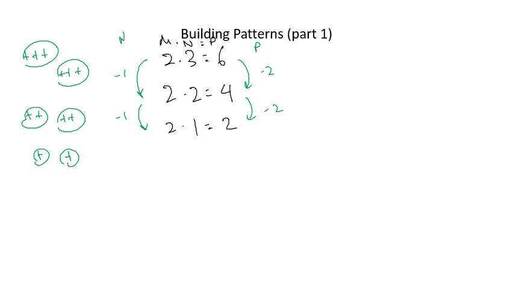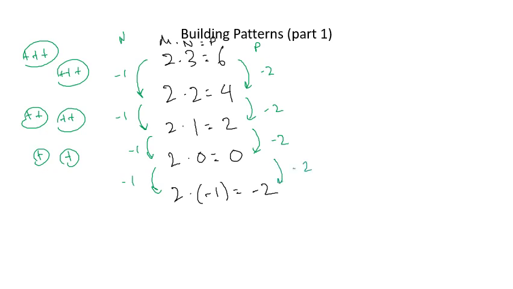So by the time I get to 2 times 0, this makes 0, and this should make sense. Again, my n decreases by 1, my p decreases by 2, and so now this next step is going to be 2 times negative 1 equals negative 2. Now, we've already discussed this one because we would know what this looks like.